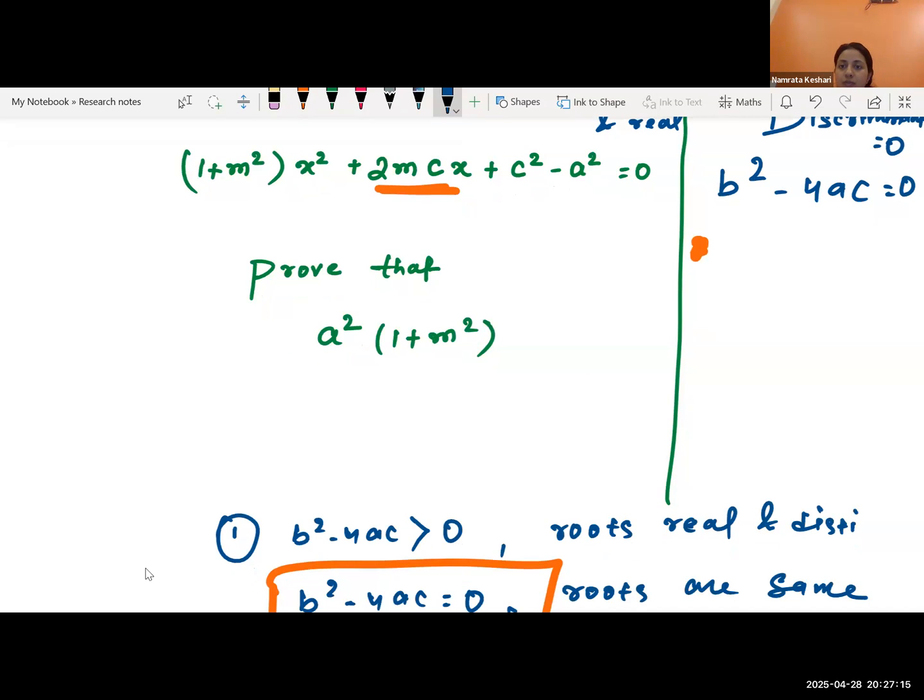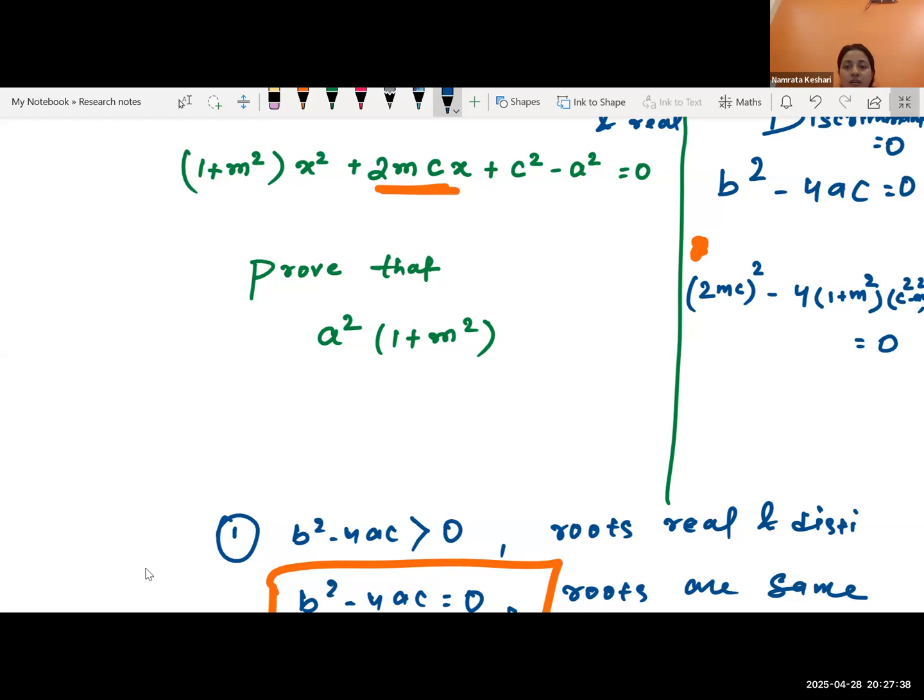Our b is 2mc, that is squared, minus 4. a is 1 plus m square. c is c square minus a square, right? Yes, ma'am. But how did b square minus 4ac come up?